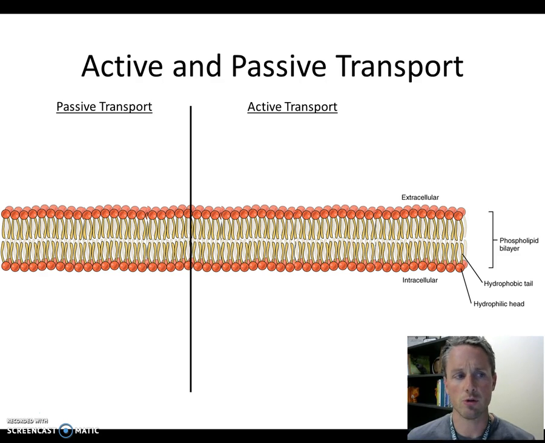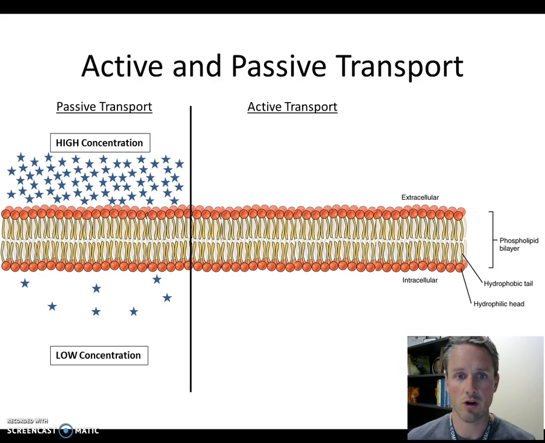And they both are categorized by how a molecule is moving in relation to where its concentration is greater. So for passive transport, I'm going to draw in some molecules here. They're star-shaped molecules. I'm going to use these throughout today's video. So here on the top of the membrane, there's a high concentration of these stars.